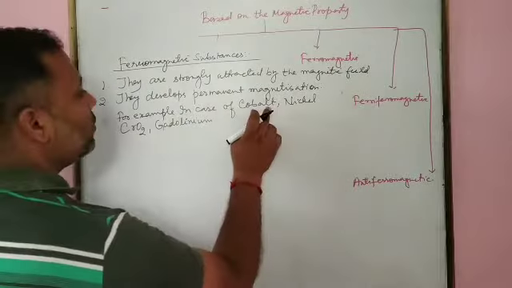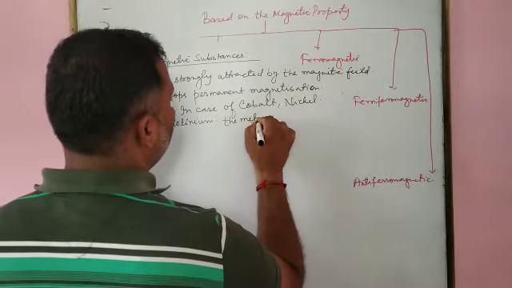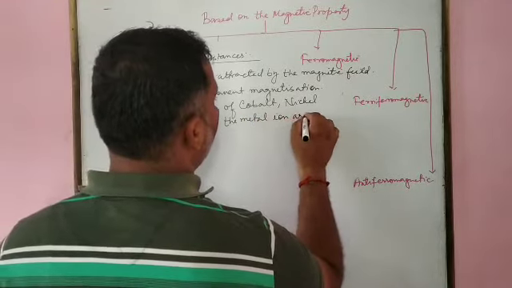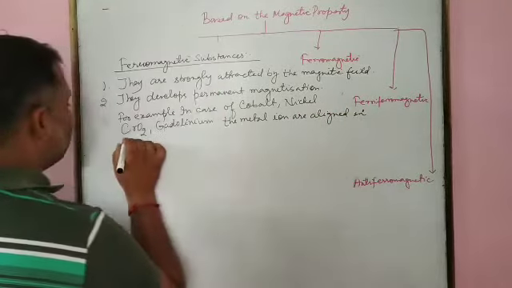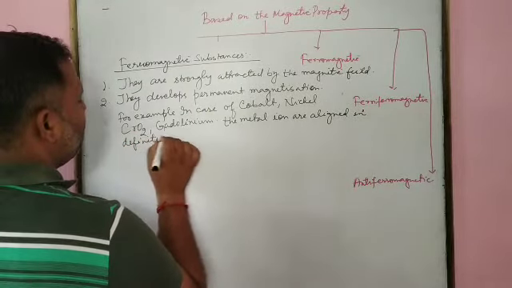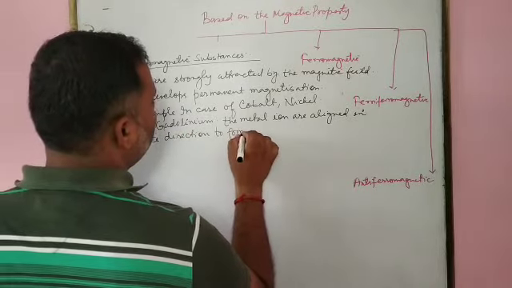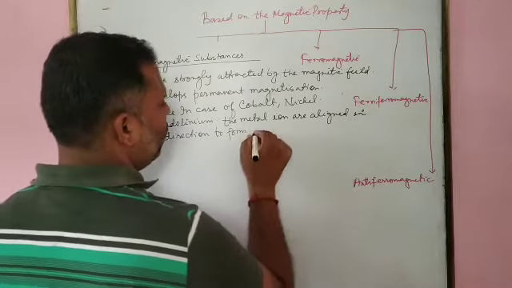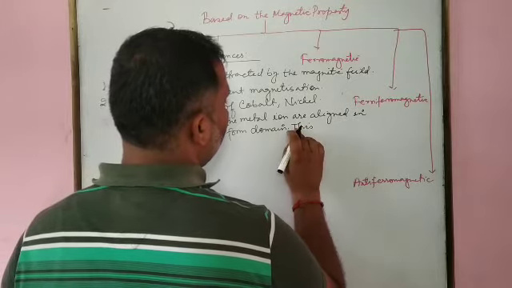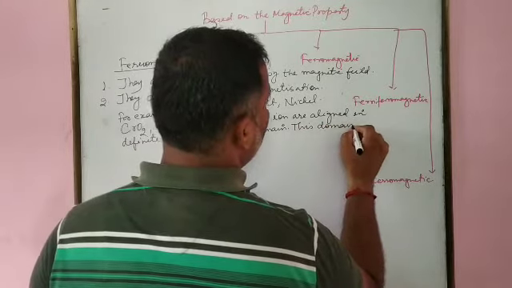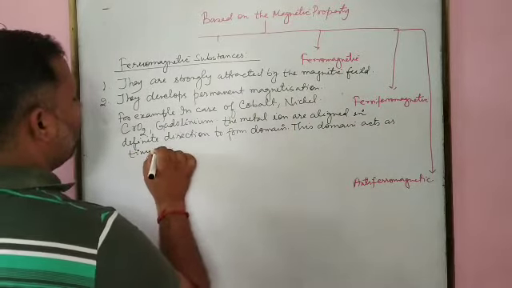For example, in case of cobalt, nickel, gadolinium, chromium, the metal ions are aligned in different directions to form domains. This domain acts as a tiny magnet.